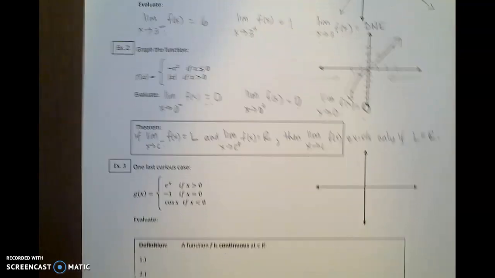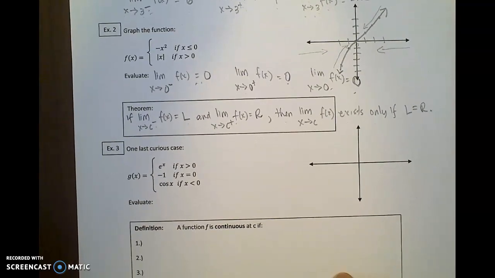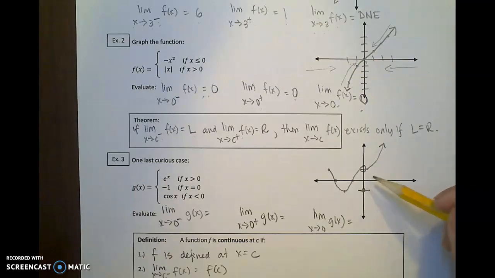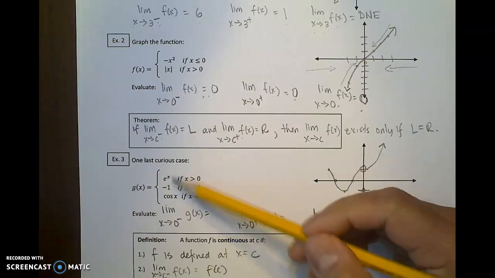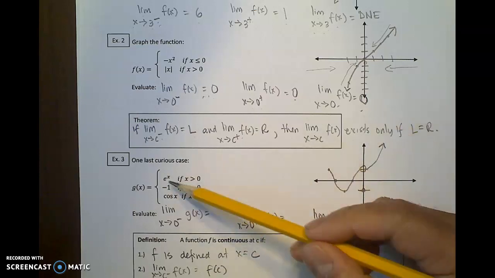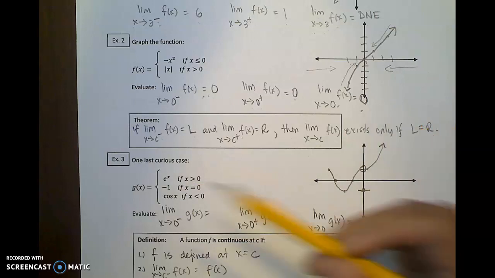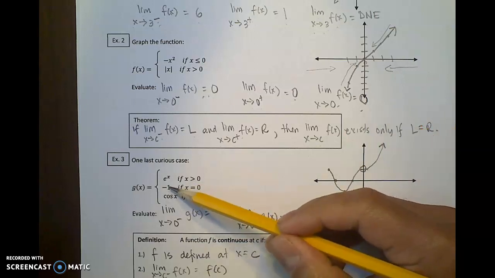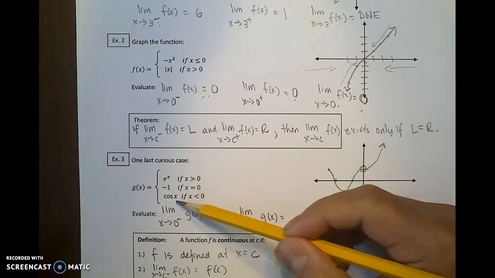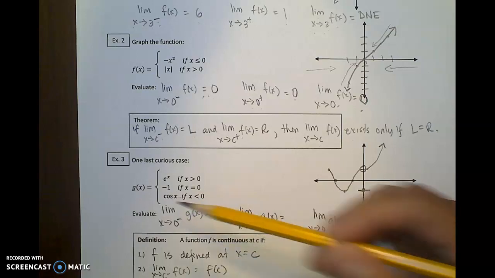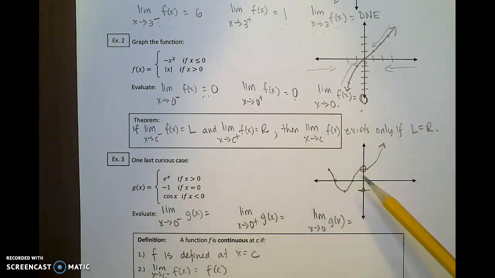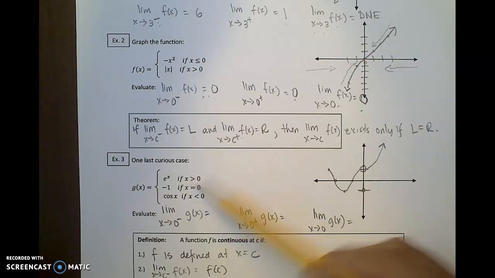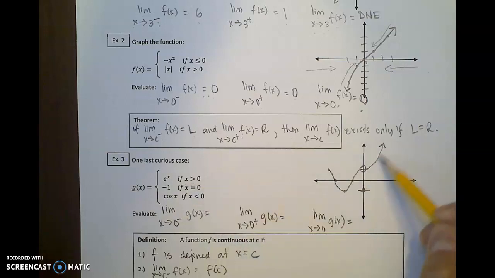Alright, so let's go ahead and move on to example number 3. Here's the graph for example number 3. So here's our piecewise function. We have an exponential expression, we have a constant value, and then we have a cosine wave. For the three parts of the function, e to the x as x is greater than 0 is going to be this curve.